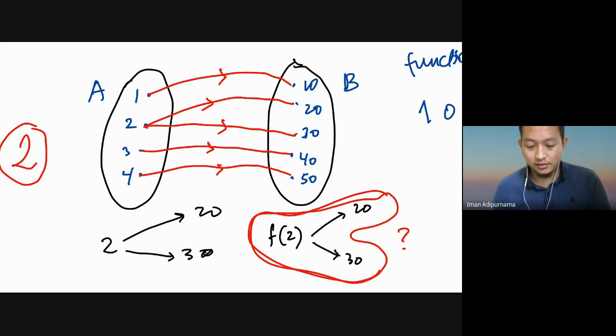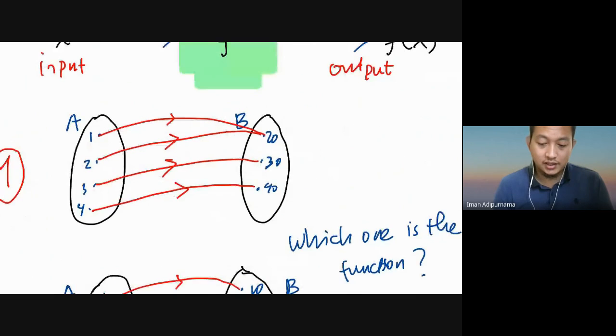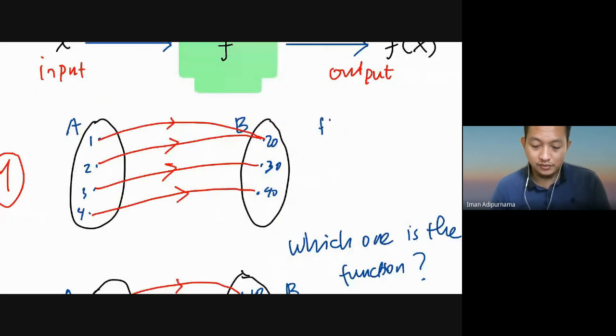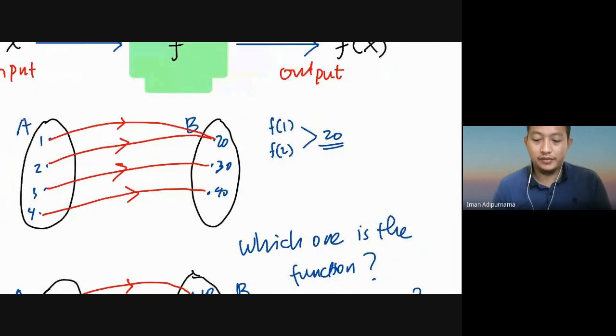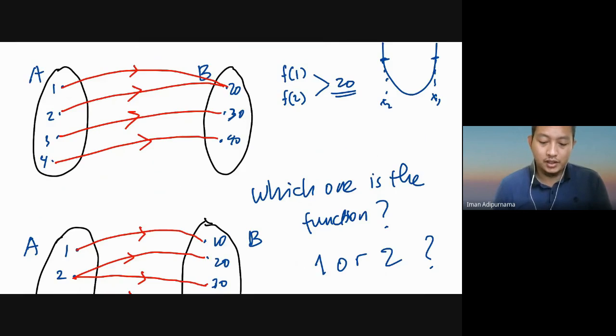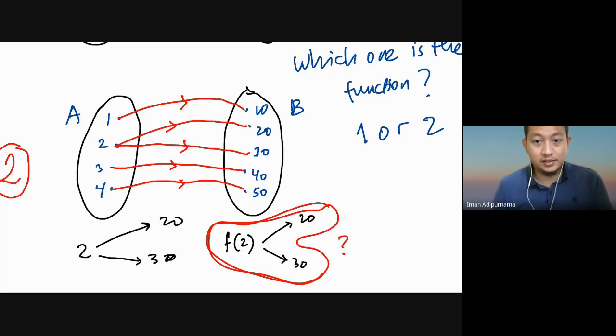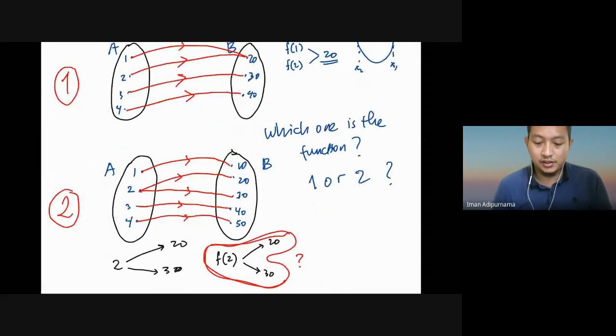No, right? The first may be true, like for example x squared, where you have the same f of x but different x. That can still happen. But here it's logically impossible for a function to be like this. So the function is number one.